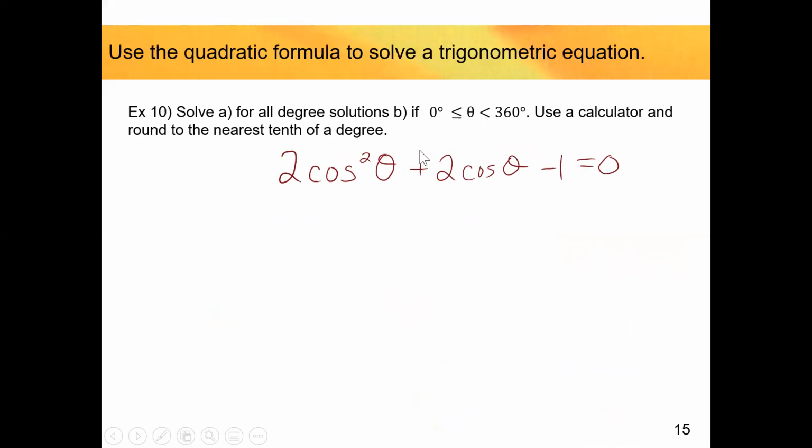Okay, now the fun stuff here. Maybe factoring, maybe quadratic formula, we'll see. Also, it does say use a calculator and round to the nearest 1/10 of a degree. Ooh. Okay, see how that ends up. Let's go with it. Did we do this one or no?